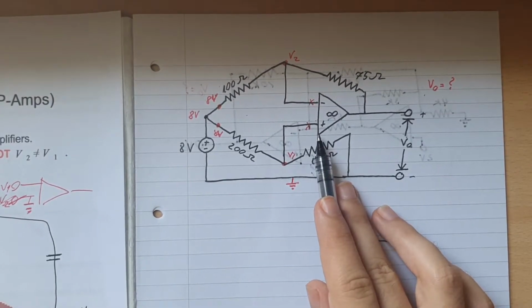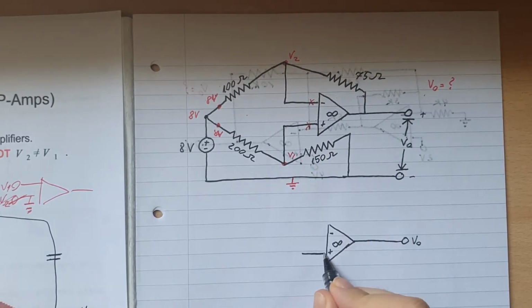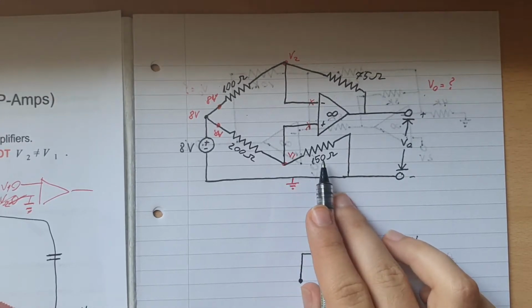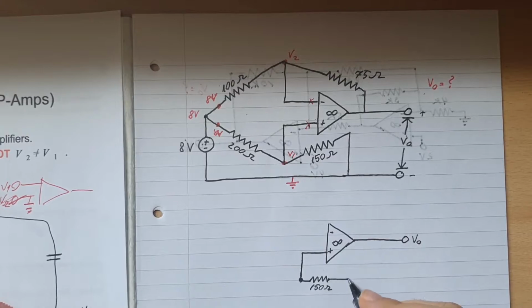Next, this pin, the positive, we can see it's got a junction, so we can draw it something like this and make a junction here. One side of the junction got the 150 ohms, and that's connected to ground, and we can draw a ground here.